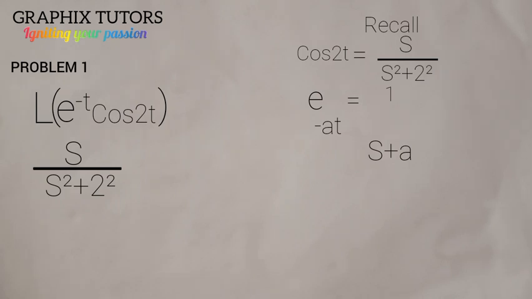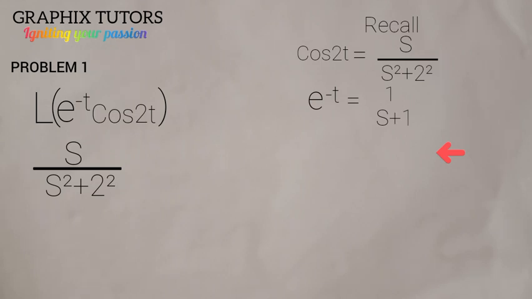Now, in this case, our a is 1, because it's only when a is 1 that you can have t left. So e raised to power minus t will give us 1 all over s plus 1. Now what you need here is the denominator. What is the denominator?